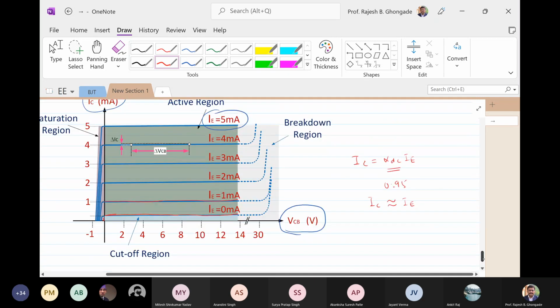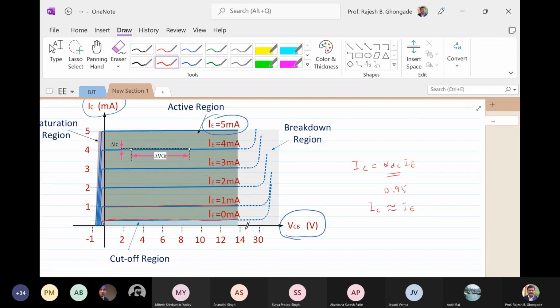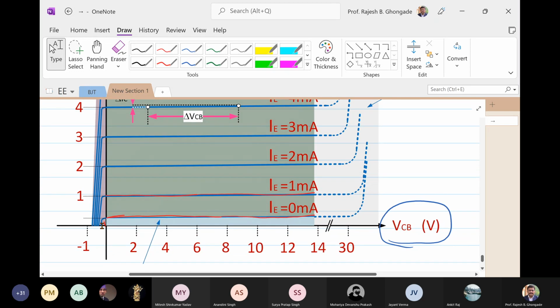From this, we observe a couple of things. First of all, IC does not reduce to zero even if your VCB is zero. This is one observation. See, it is non-zero here, non-zero here, non-zero here. So even if VCB is zero, IC is not zero.